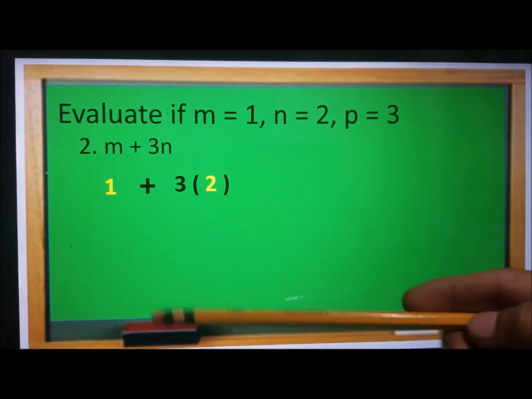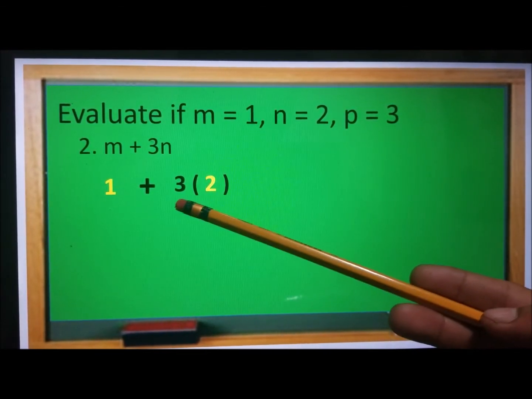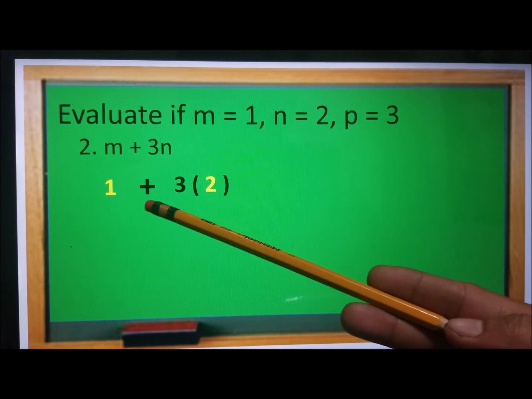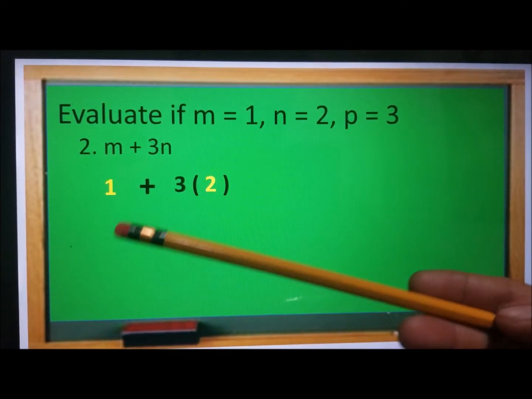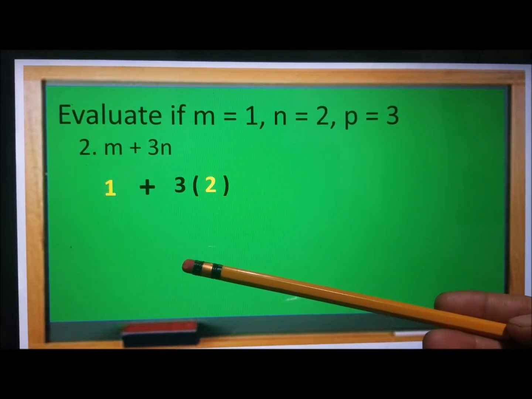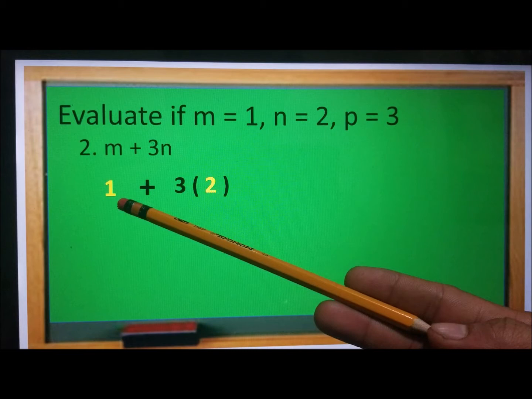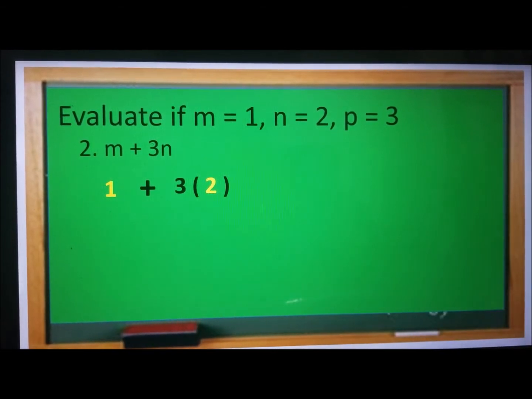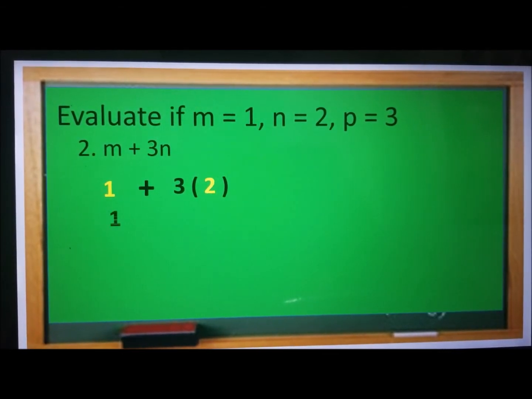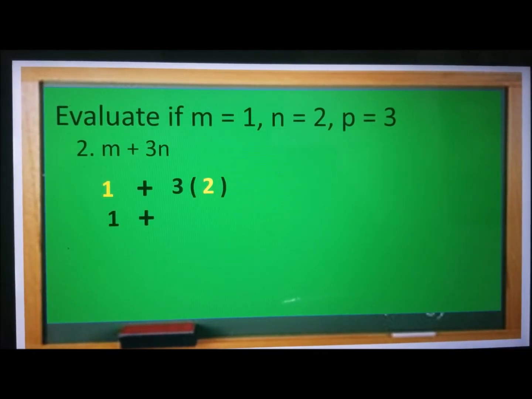So let's try to find out what operations do we have here. So we have multiplication and addition. So following the PEMDAS rule, we have to do the multiplication first. We're not going to do anything with 1 because there is no operation here. So let's have that as 1 still, plus 3 times 2, that is 6.